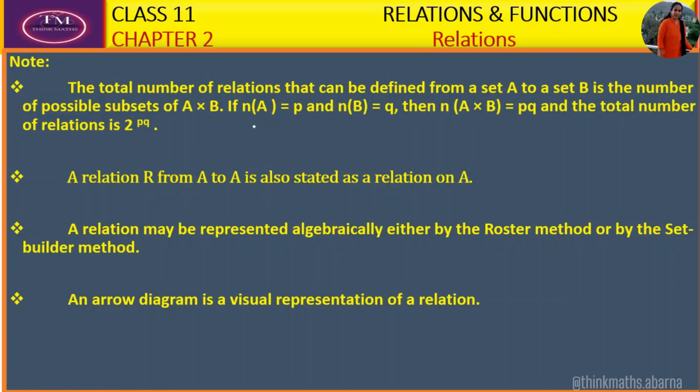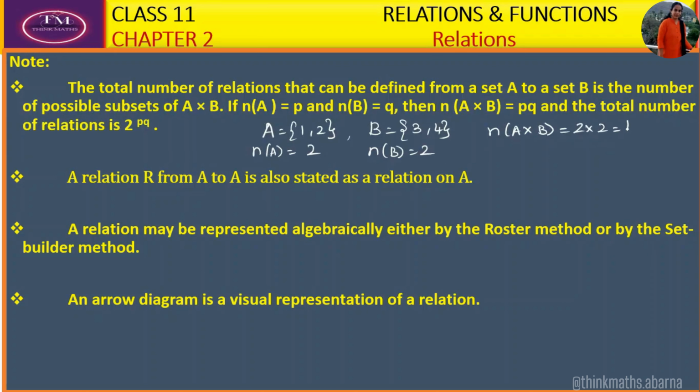Okay, so this is the formula. Let us understand this with an example. Suppose A is equal to {1, 2} and B is equal to {3, 4}. How many elements in A? 1, 2. There are 2 elements. How many elements in B? There are 2 elements. So the number of elements in A cross B is P into Q, that is 2 into 2, which is equal to 4.